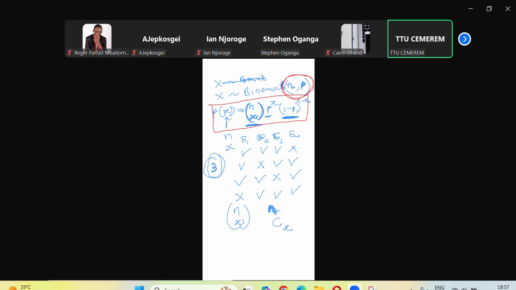And what is the support of X? What are the possible values of X? Are they continuous or discrete? Remember, what does the random variable X do in binomial?